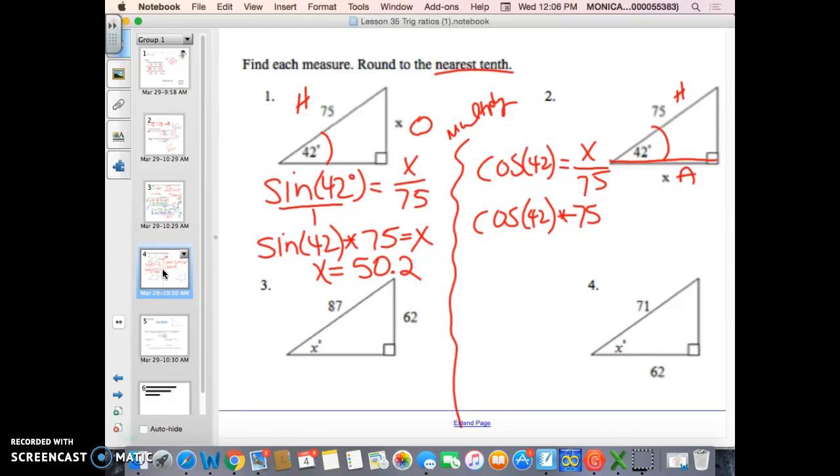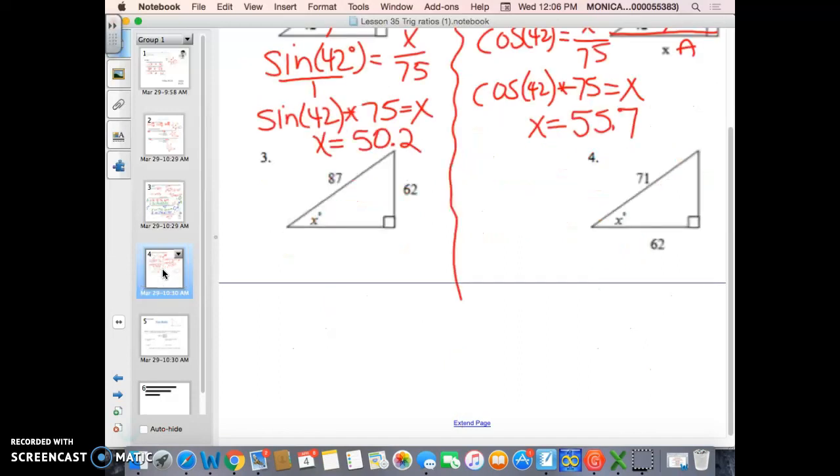Make sure the 75 is not in the parentheses, or you will get the wrong answer. Cosine of 42, close parentheses, times 75 equals 55.73. So x equals 55.7. And again, my answer makes sense for both of these because the hypotenuse has to be the largest side. And since my answer is less than the hypotenuse, it could be a leg.